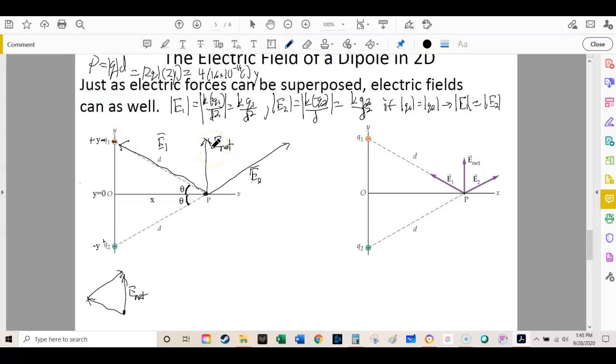So what I'm doing is I'm basically just looking at some information to figure out what the overall net direction of the electric field should be, right? Because it's starting to look like E2 is pointed to the right and up. I'm going to have to draw a triangle at some point, so I'm going to move E2 to the top part of this triangle.